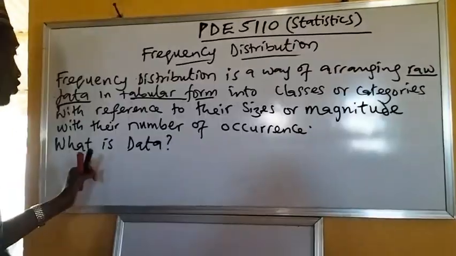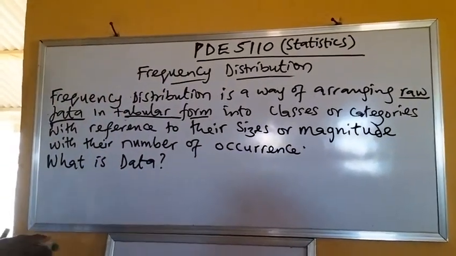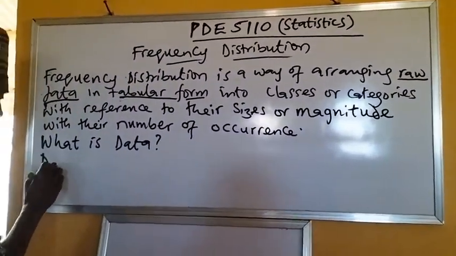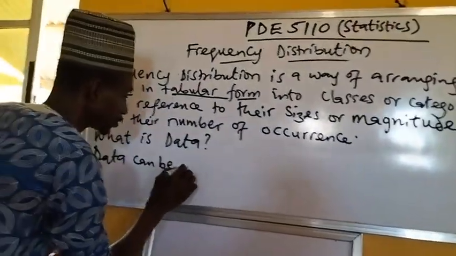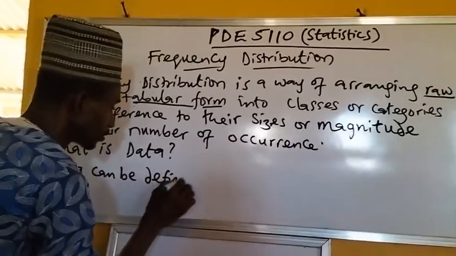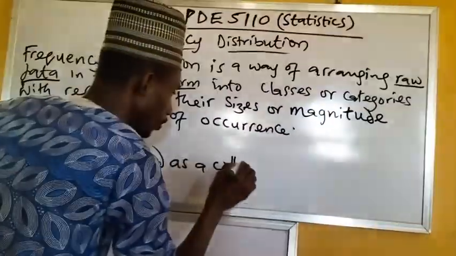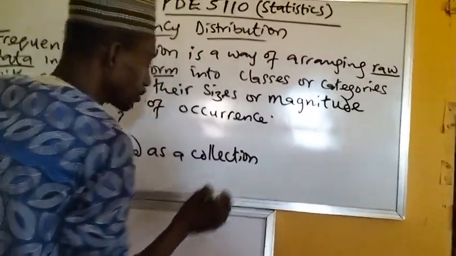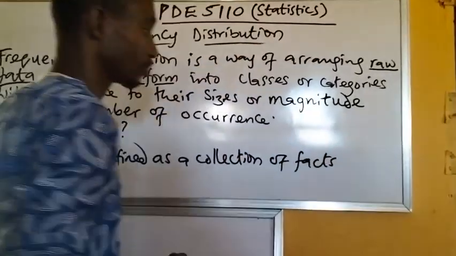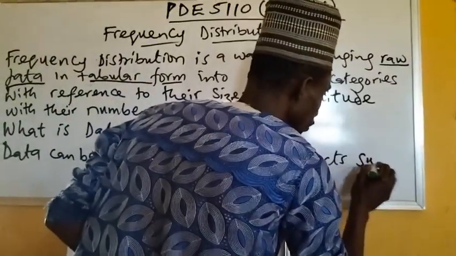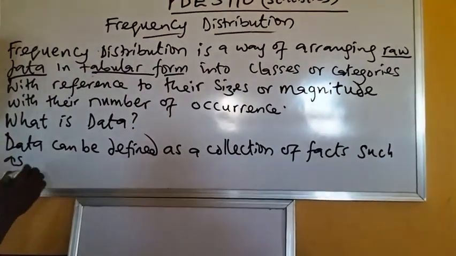But due to the nature of the class, I will say data can be defined as a collection of facts such as numbers.